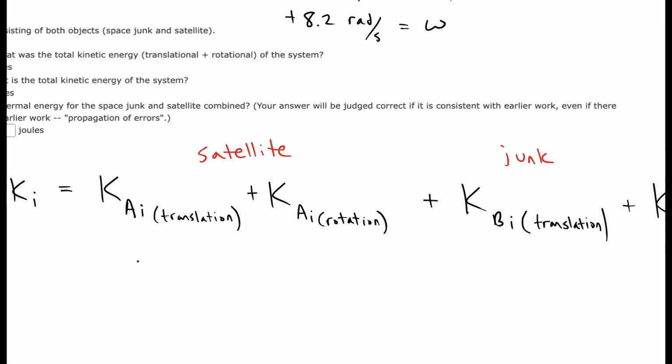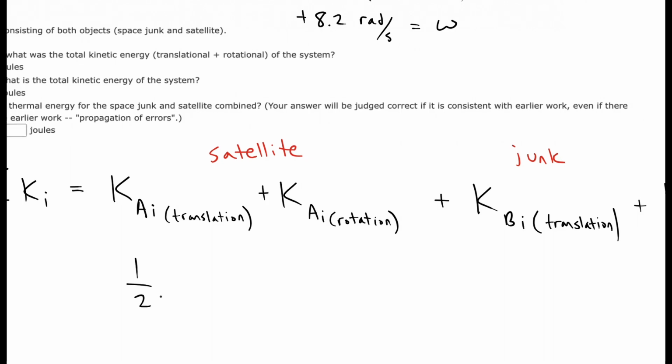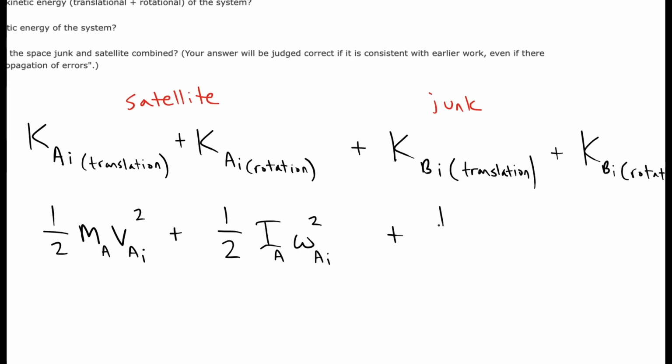Okay, so translational kinetic energy formula would be 1/2 mv squared, and we'll do this for the satellite. So that was object A. For rotation, we would have a formula of 1/2 I omega squared. The junk can also have translational kinetic energy.